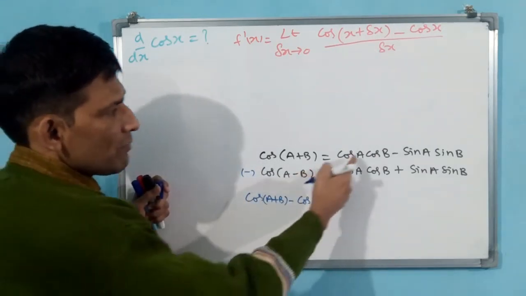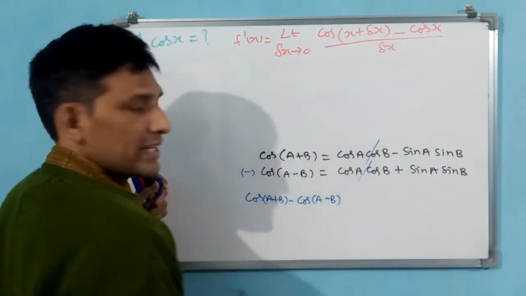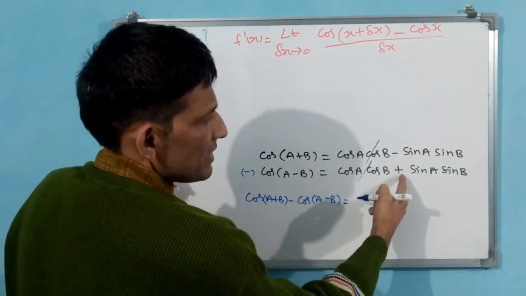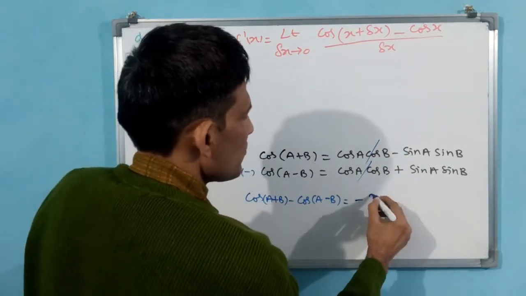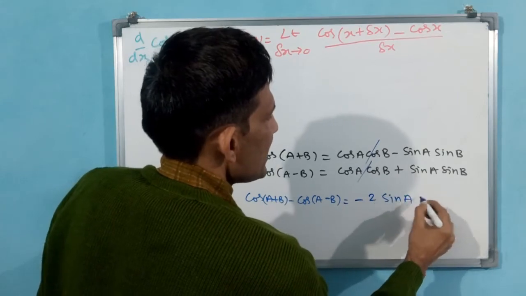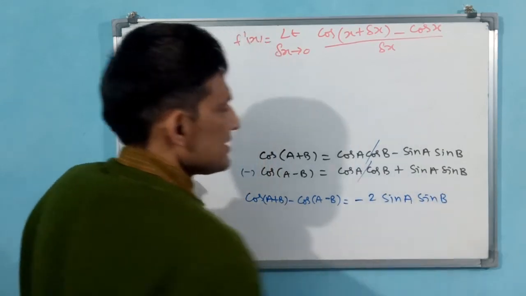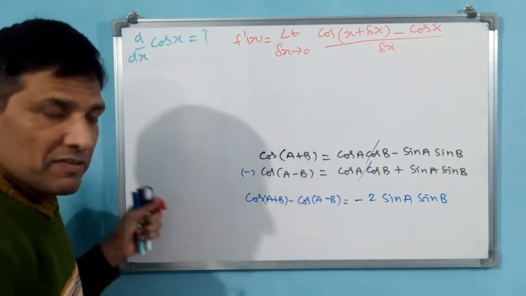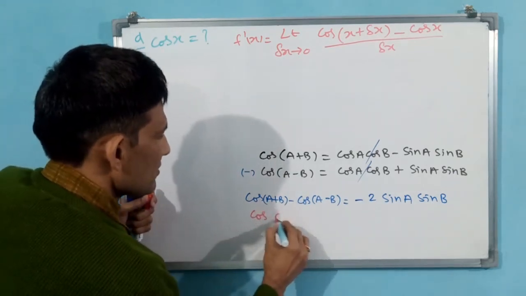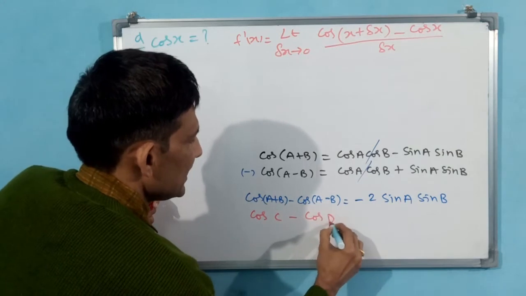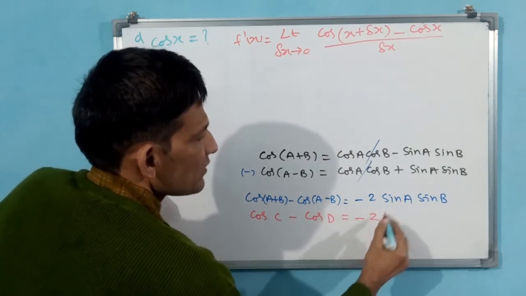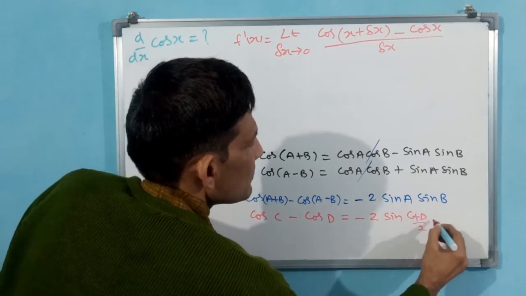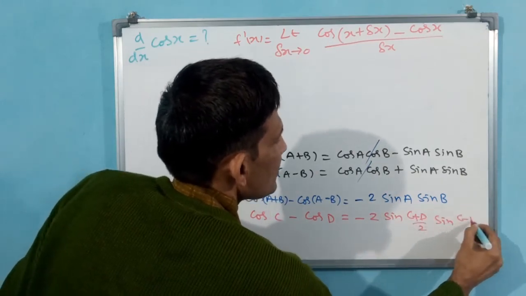You see, here both are the same. That means these two are going to get cancelled when you make minus or subtraction. Then, since minus is already there, it is going to become minus 2 sin A sin B. If I replace this A plus B with C, cos C minus cos D is equal to minus 2 sin C plus D by 2 sin C minus D by 2.